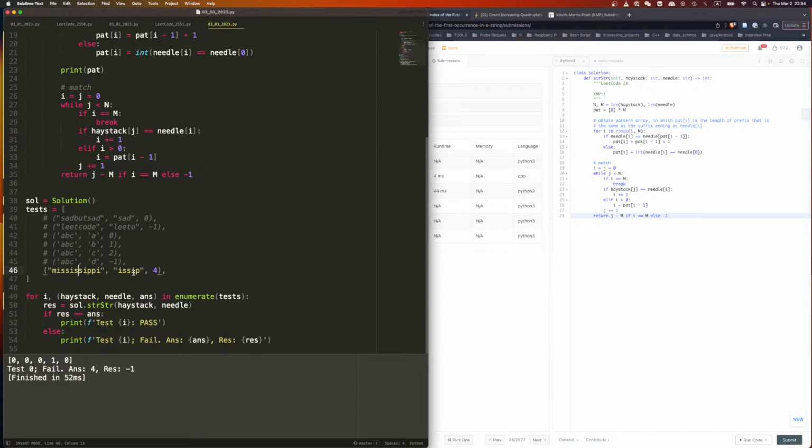Pattern tells me it is 1, so I shall start comparing, because I matched this with this, and it's a mismatch, right? Then I know this one matches this, so I shall start compare.